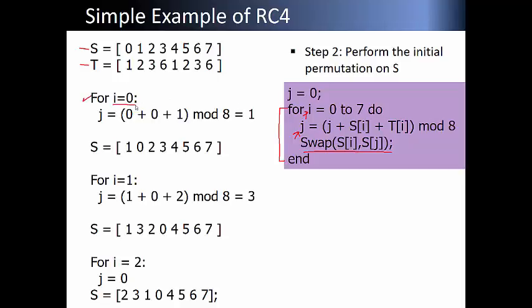For i equals 0, we need to compute j according to this algorithm. j is, open parenthesis, j plus S[i]. So j is 0 initially, right? j is 0. So that is 0 here.